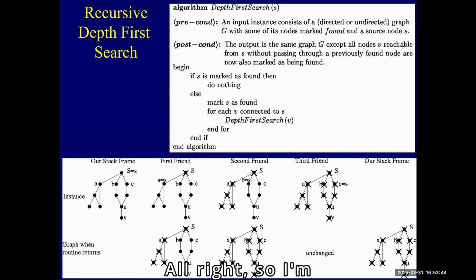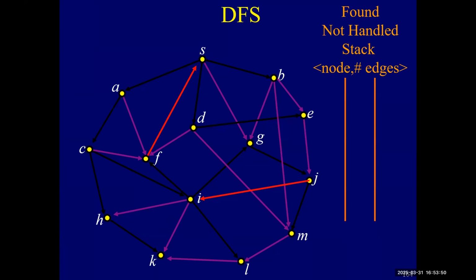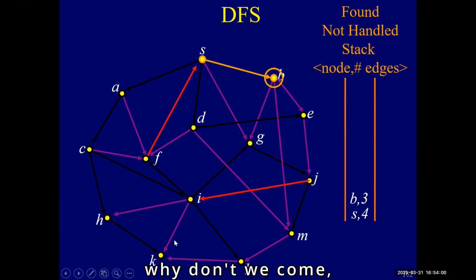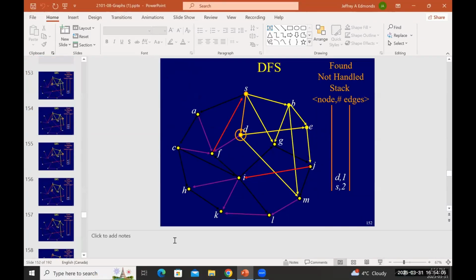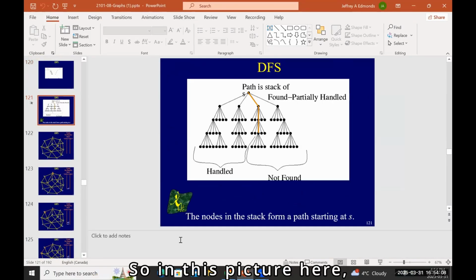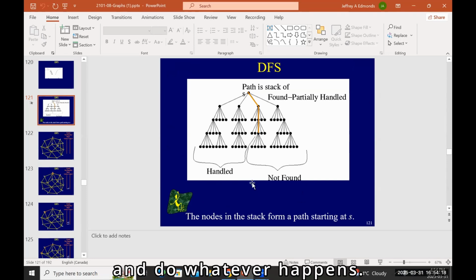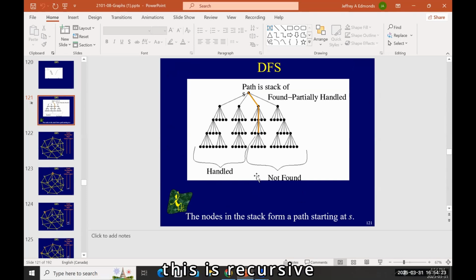All right, so I'm going to give you two arguments. The one argument is, in this picture here, when I'm here, I'm going to go down there and do whatever happens, and then we're going to come back. We're going to backtrack, and then I'm going to go down this one and do whatever happens, and then I backtrack. So this is called recursive backtracking.